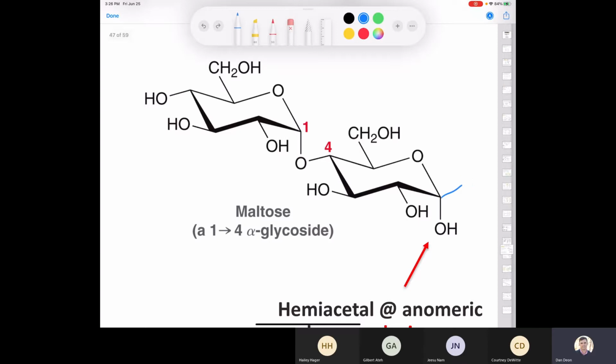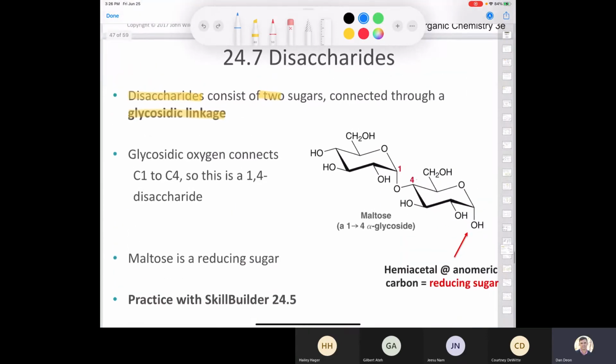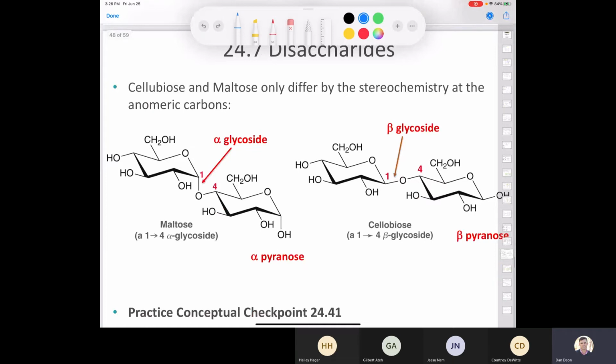Because again, this part of the maltose is never going to change. The linkage, this bond is always going to be pointing down. Okay, so that covers maltose, and I explained why maltose is a reducing sugar. If you have cellobiose, cellobiose is made from a glucose and another glucose as well. What's the difference?